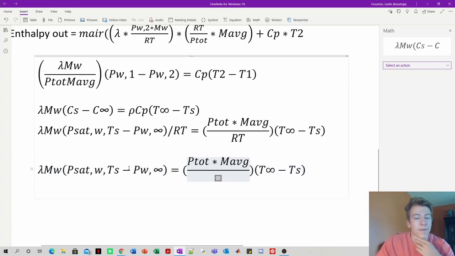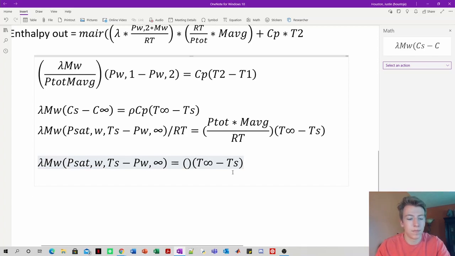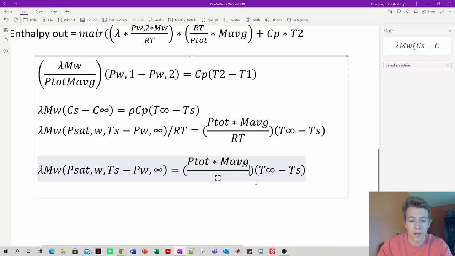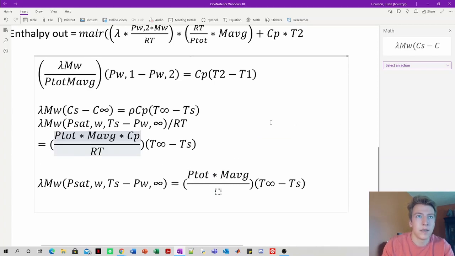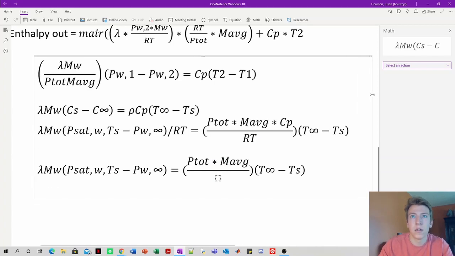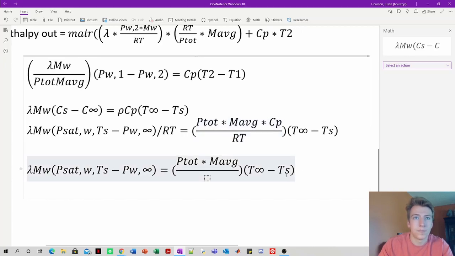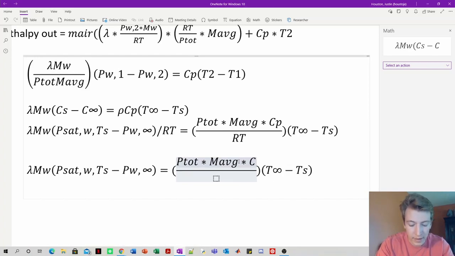Actually, I forgot to carry down the heat capacity. So CP is still going to be in there. So obviously still have the heat capacity right here.